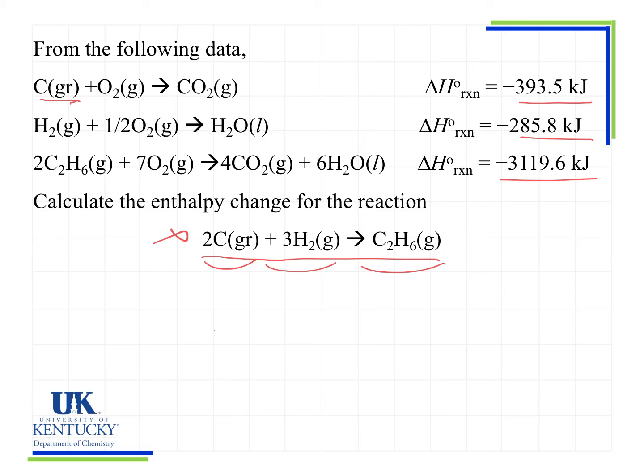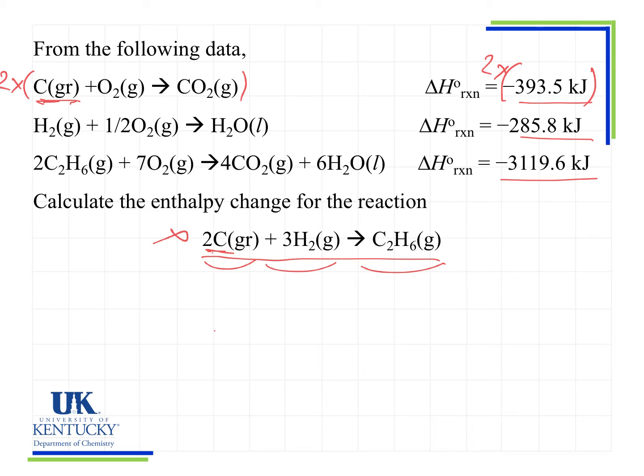So it's in the reactant side, but you have 2 moles of carbon. Here we have 1 mole of carbon, but you need 2 moles of carbon. So the only thing you need to do is multiply the whole reaction by 2. So when you multiply the reaction by 2, you also multiply the delta H by 2, the same number. Okay, so that's the first one.